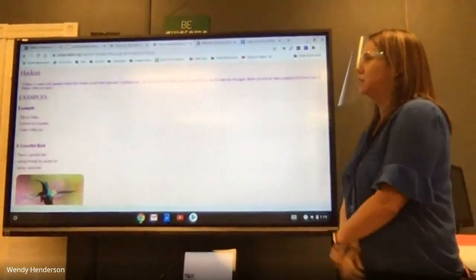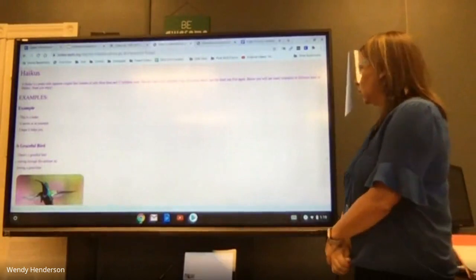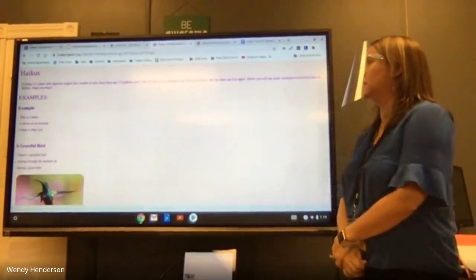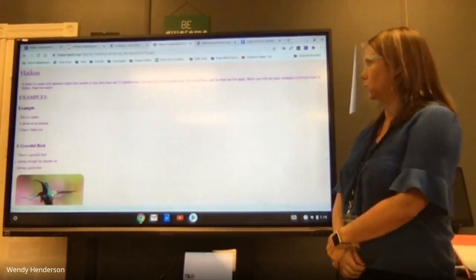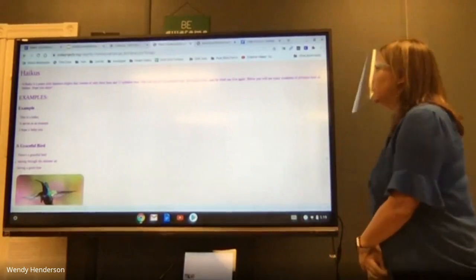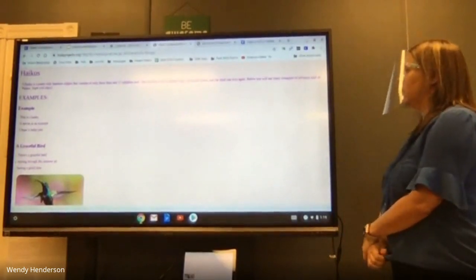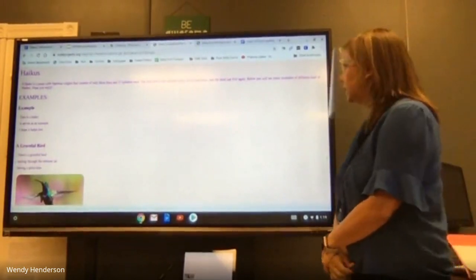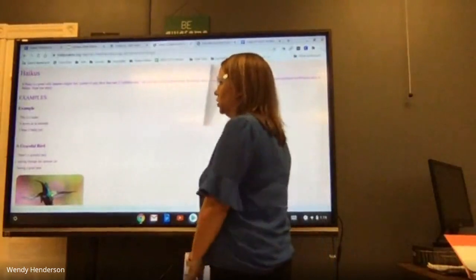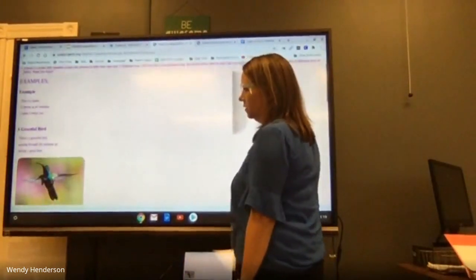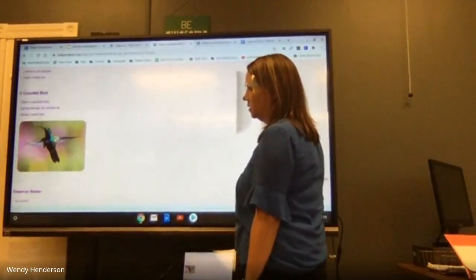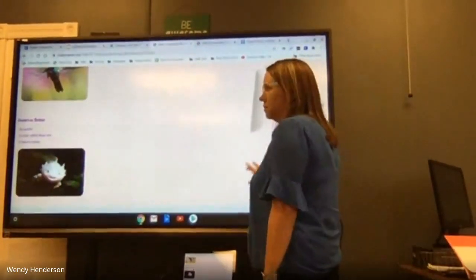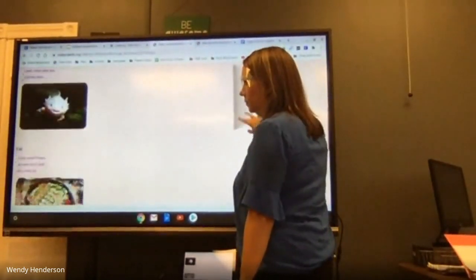A haiku is a poem with Japanese origins that consists of only 3 lines and 17 syllables total. The first line is 5 syllables long, the second 7, the third one 5. Below you'll see many different examples of haikus. Hope you enjoy. So look through some of those. Sweet.